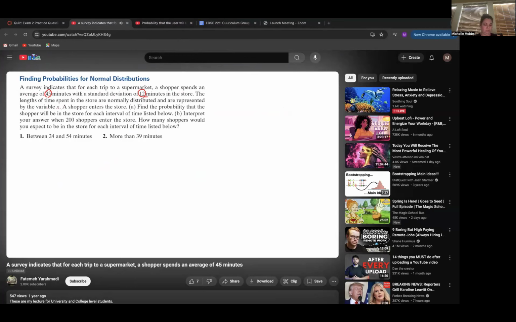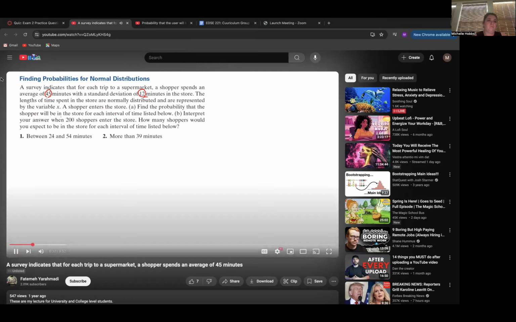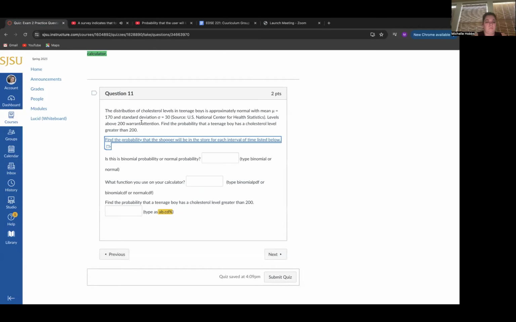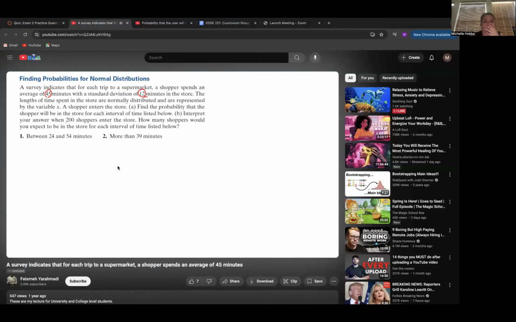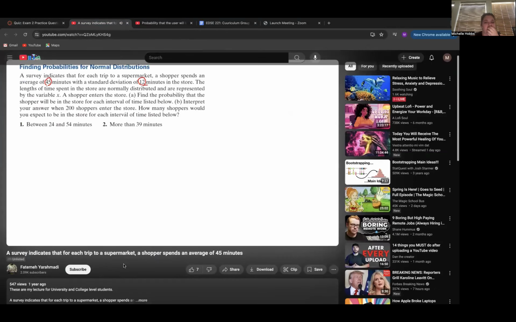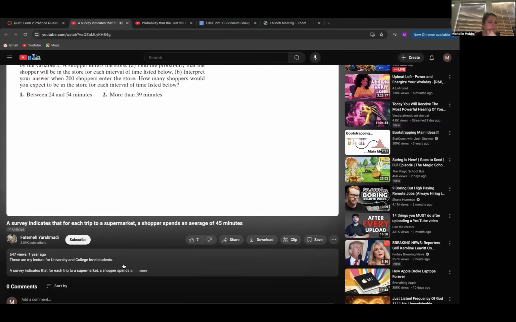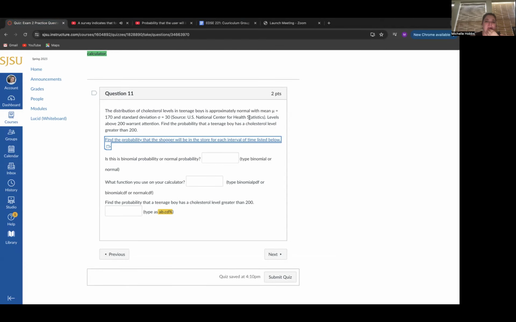A random shopper enters the store. Find the probability that the shopper will be in the store for each interval of time and interpret the answer when 200 shoppers enter the store. How many shoppers would you expect to be in the store for each interval of time listed below?